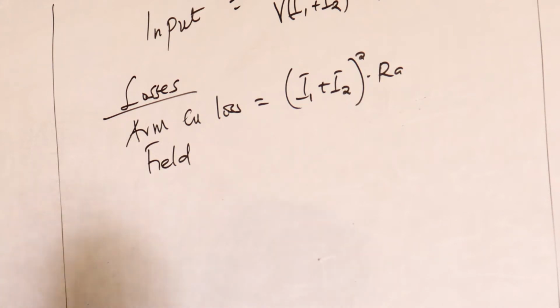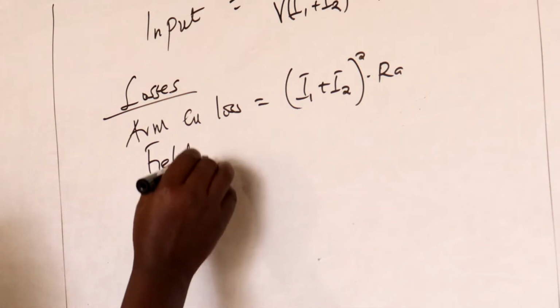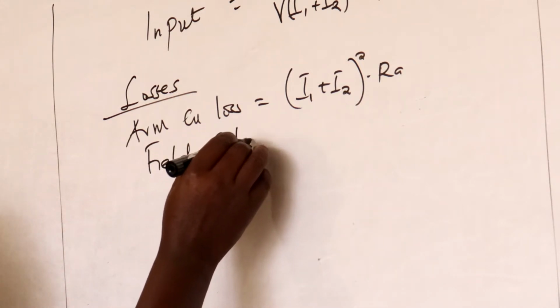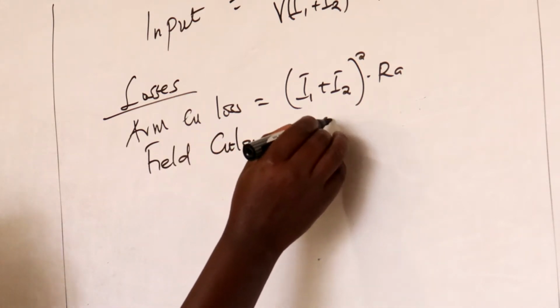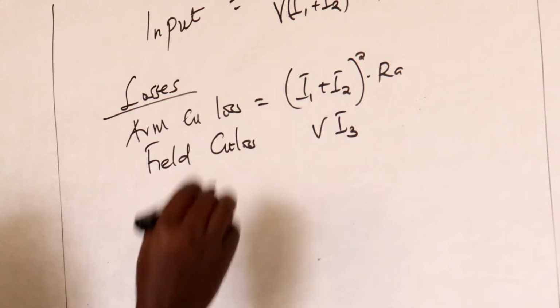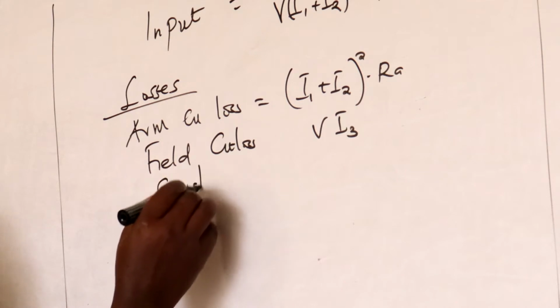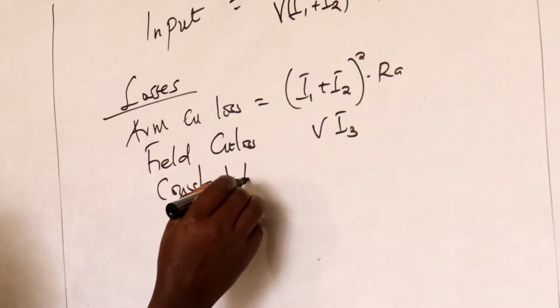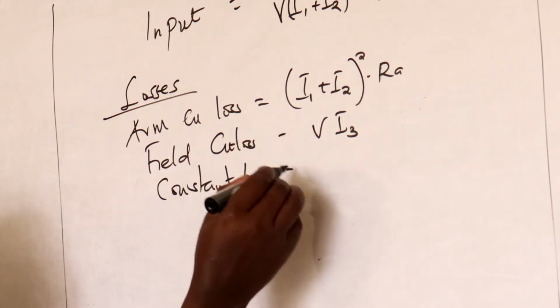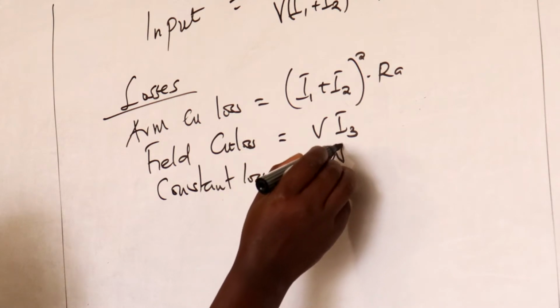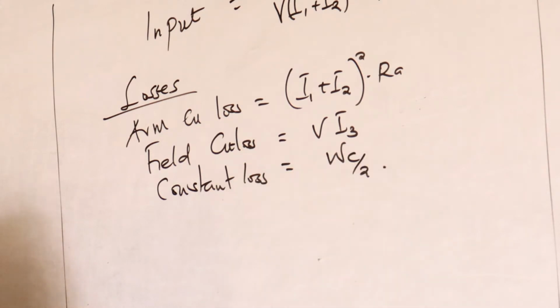We only exclude it when getting WC. Field copper loss is VI3. Constant loss WC divided by 2.